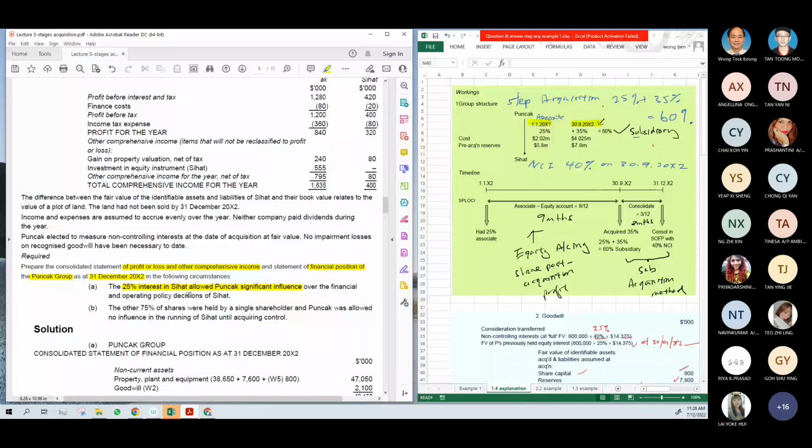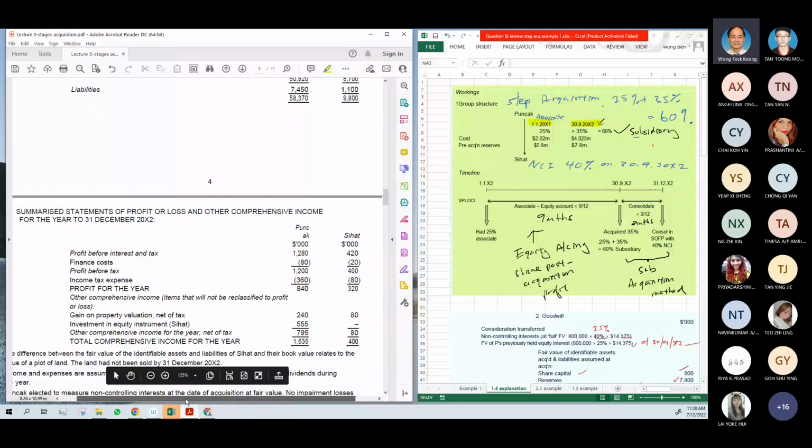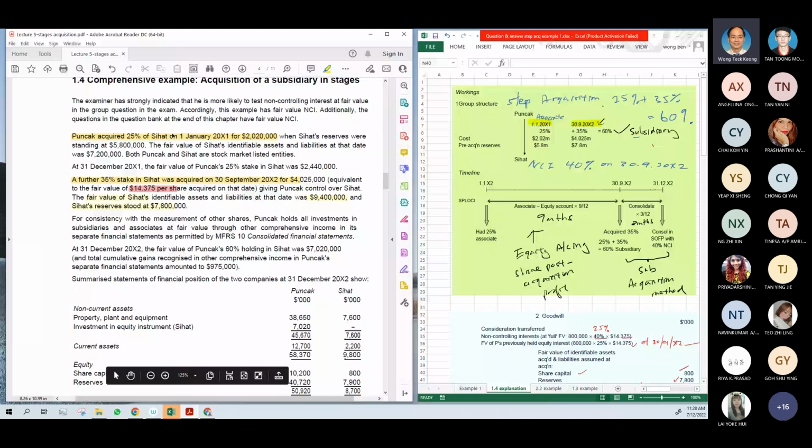Now go to the full question. Punchat acquired 25% shares on 1st January X1 2022. On my right here I put it in a chart format. 1st January X1, associate 25%, they paid 2.20 billion, when Sehat reserves were standing at 5.8.